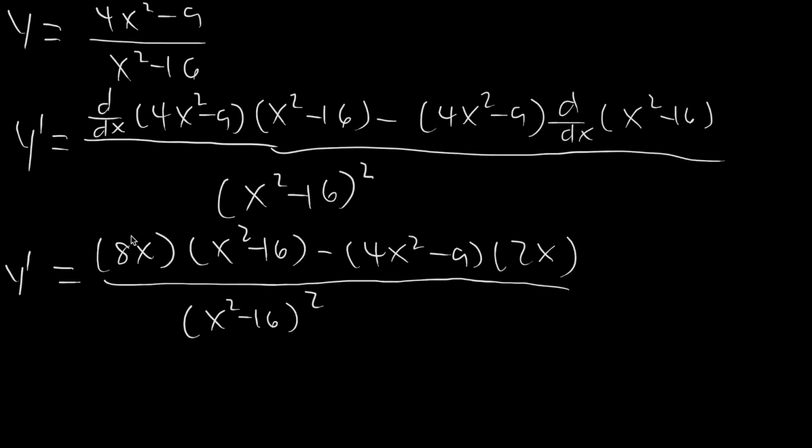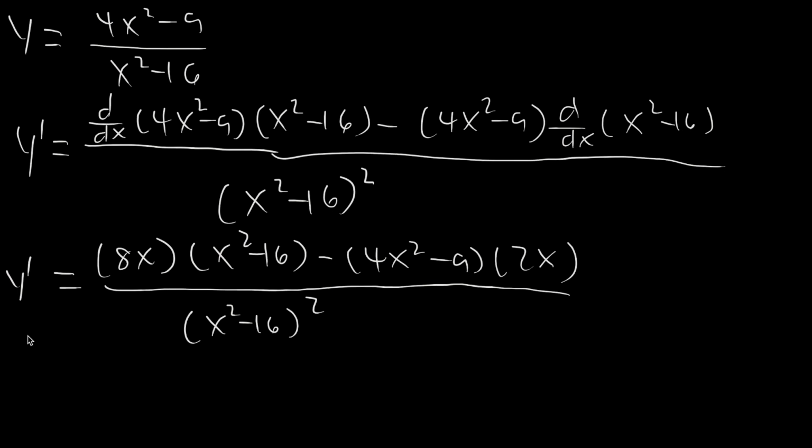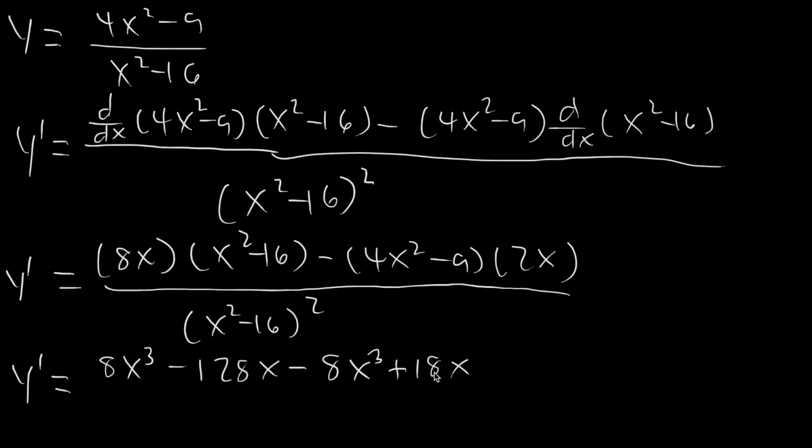Now you can simplify this equation a little bit. So this is going to be equal to 8x cubed minus 128x minus 8x cubed plus 12x. So here is plus because 9 minus 2x is equal to negative 9 times 2x, which is equal to negative 18x.